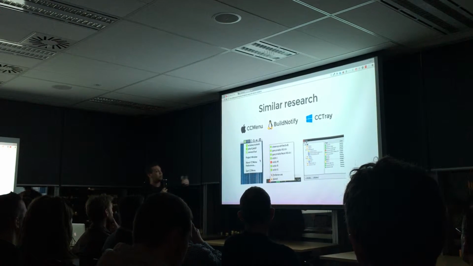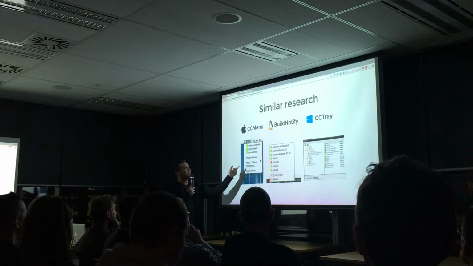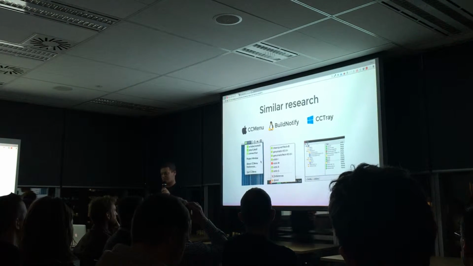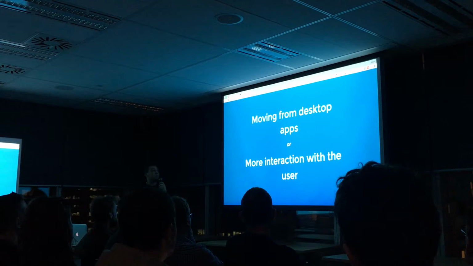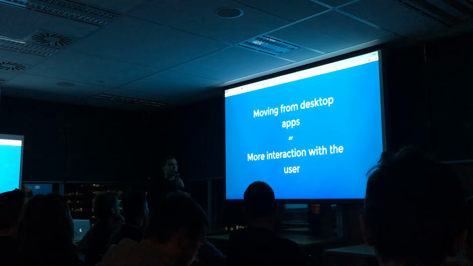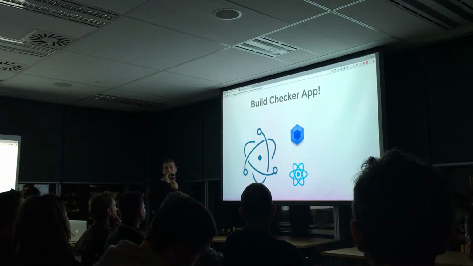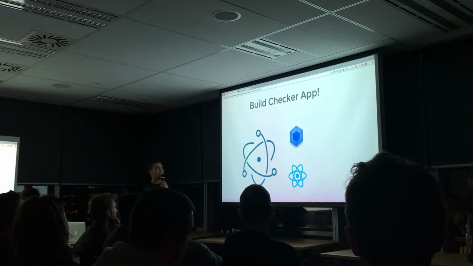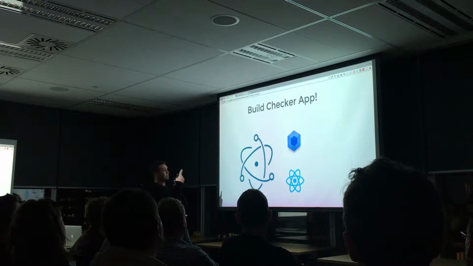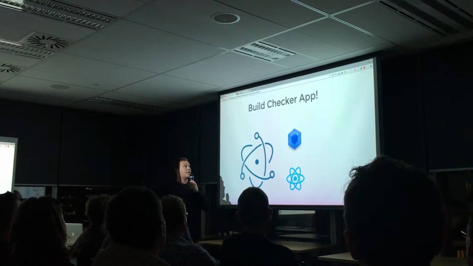We have CCMenu for macOS, Build Notify for Linux, and CCTray for Windows. Let's move it to desktop apps, or rather, make it better for the user. That was the first idea about the BuildCheckerApp that you're using: Electron, Webpack, and React.js.